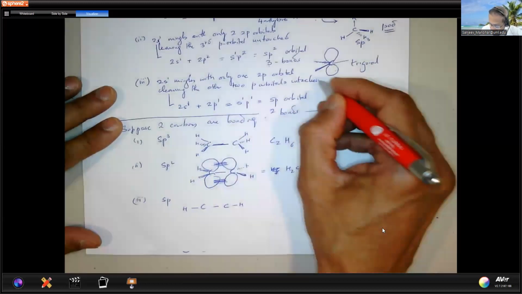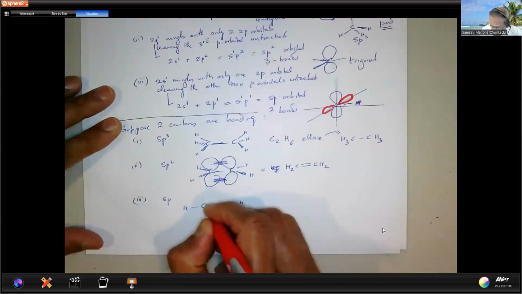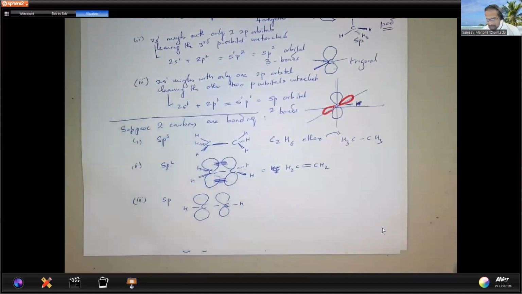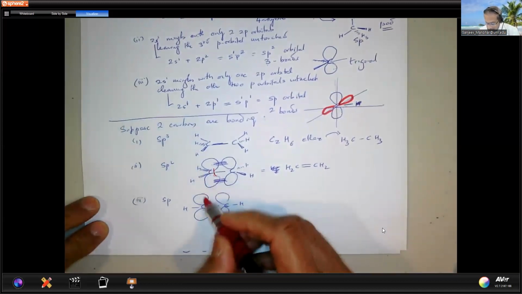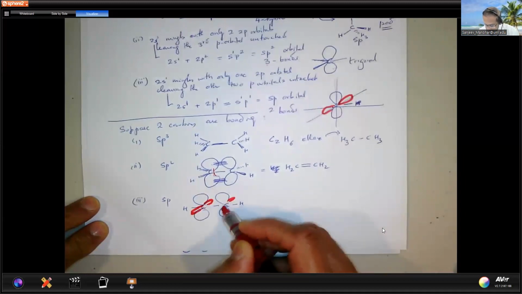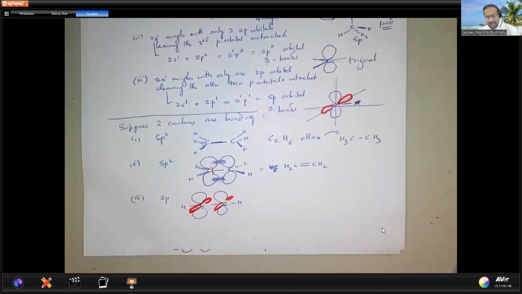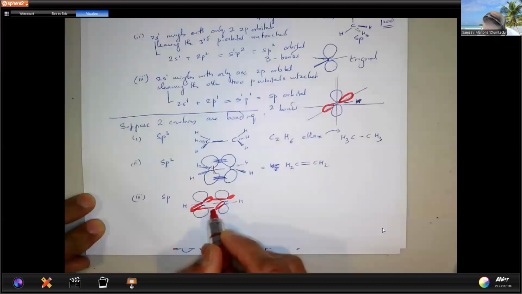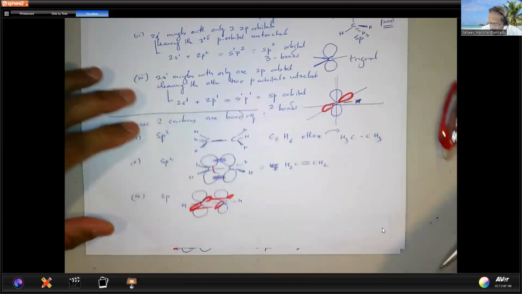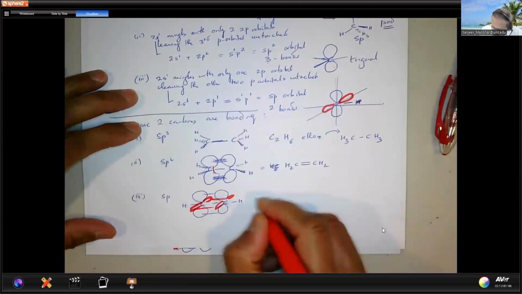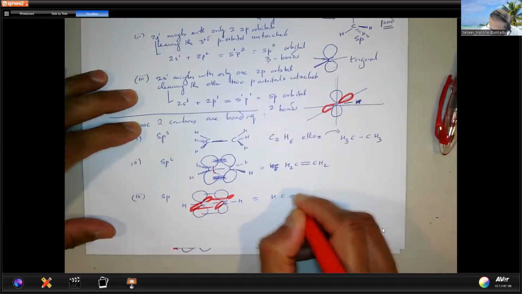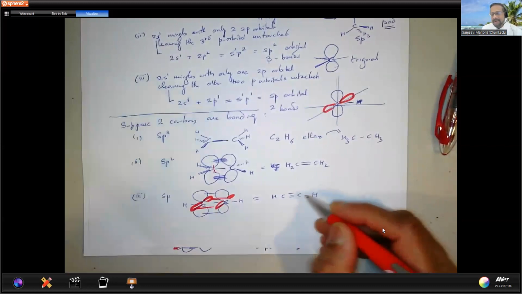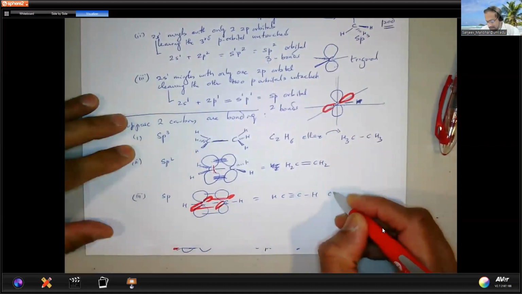So that's one, the same one we saw before. That'll overlap just as in this case. But you also have the p orbitals in the z direction untouched. They can also overlap. These can overlap in addition to these overlapping. Which leads to HC triple bond CH. That's the triple bond in acetylene gas.